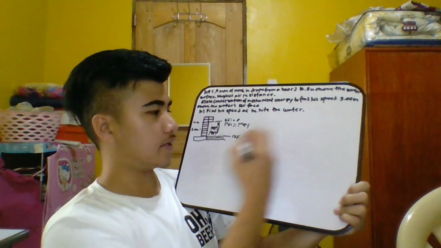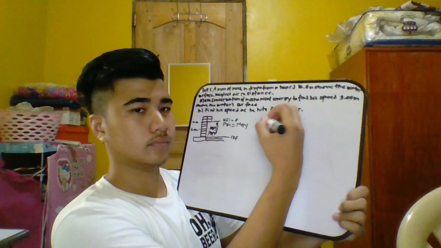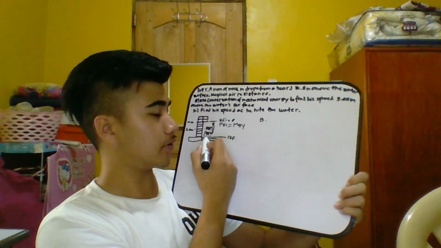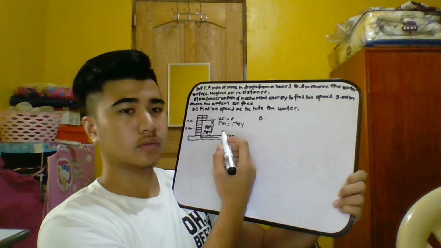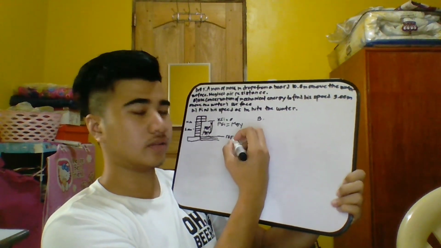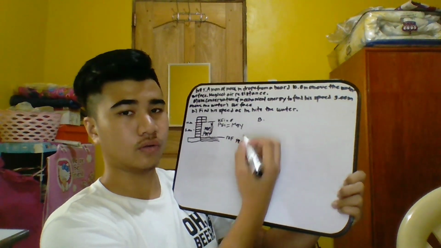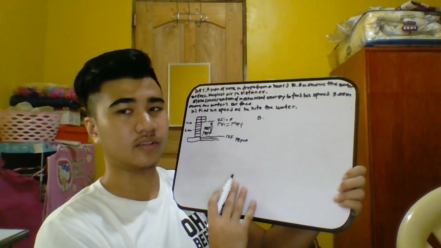For letter B, the speed as he hits the water, at this point. The potential energy here is already 0, so we can cancel it.